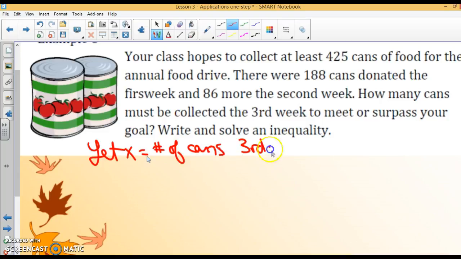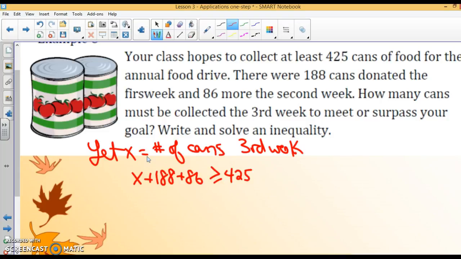So let's figure out how many cans we got. So we have x the third week plus 188 the first week plus 86 the second week, and we want to collect at least 425. So greater than or equal to 425.